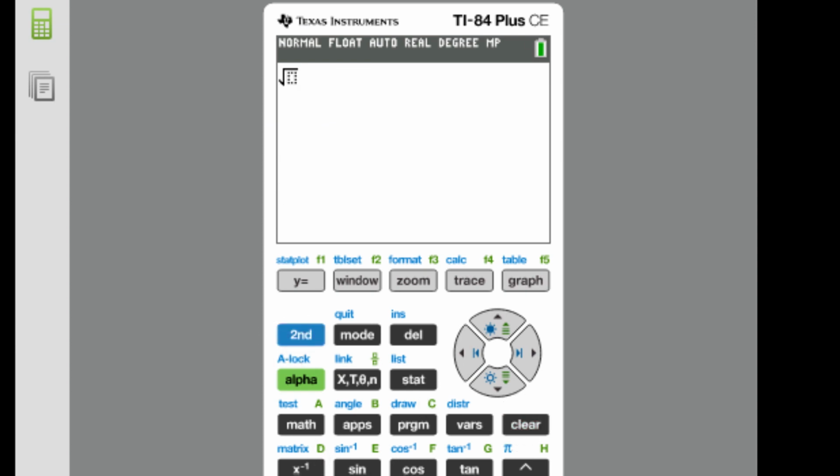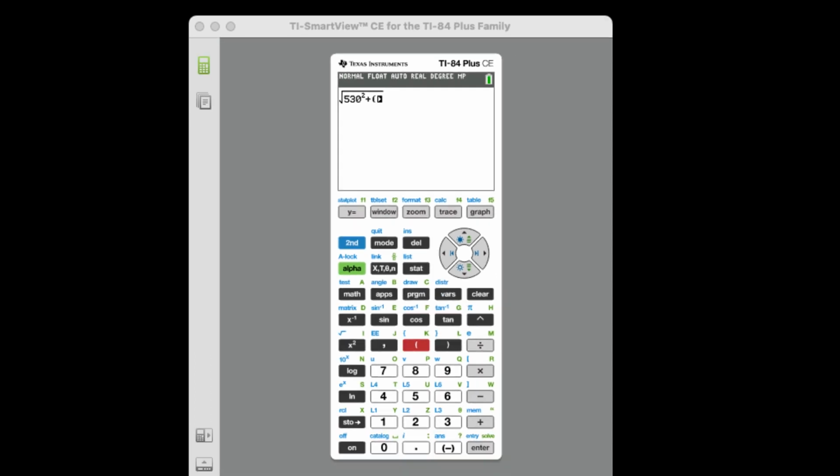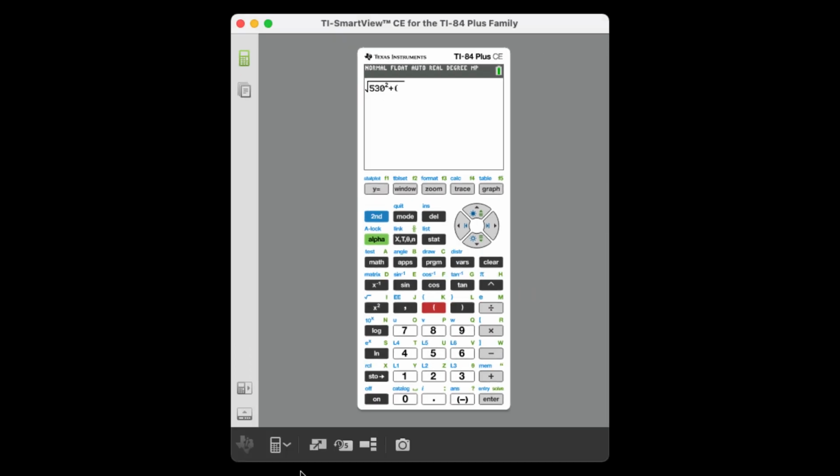Second square root, 530 squared plus parentheses. And I'm going to scroll way out so people can see. In your calculator, some of you need to use that negative sign here. So here's negative 52. And square that, and ladies and gentlemen, what do you end up with?